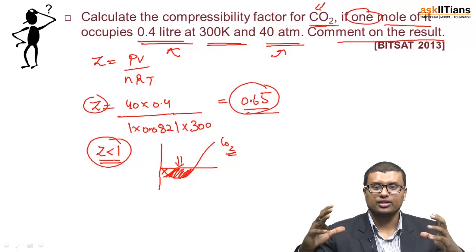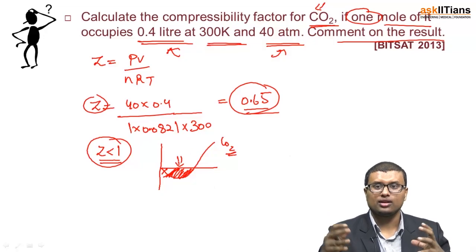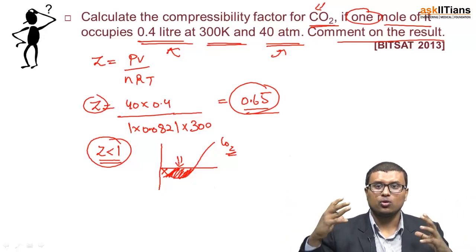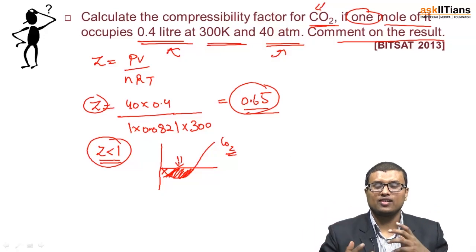At intermediate or lower pressure, the gas molecules are far away from each other. So you know that any gas molecules which are far away from each other can be compressed. So here I can say that since the compressibility factor of CO2 is less than 1, my CO2 can be compressed further.